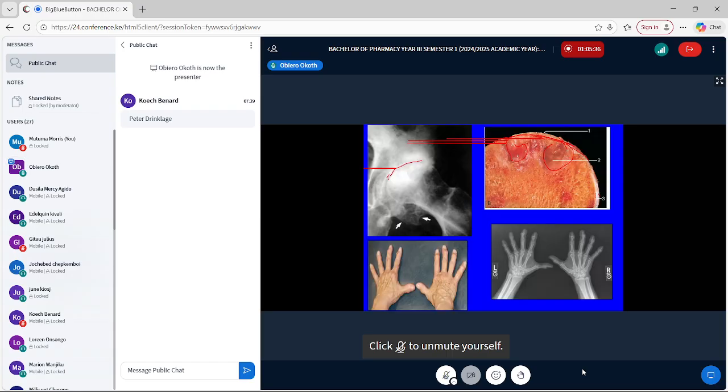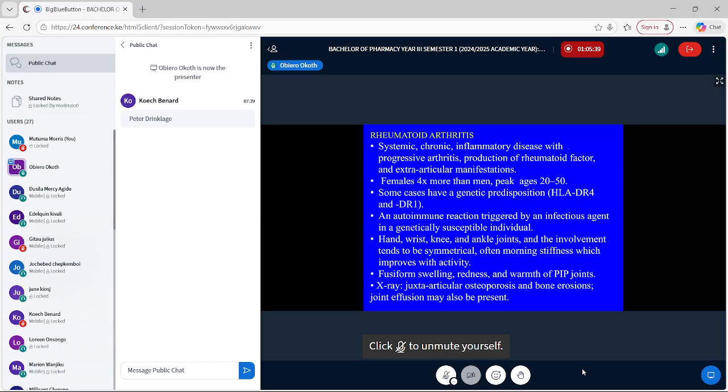Osteoarthritis. The next one here that is also common is called rheumatoid arthritis. Rheumatoid arthritis is a systemic autoimmune disorder that primarily affects the joints and also has extra-articular manifestations.